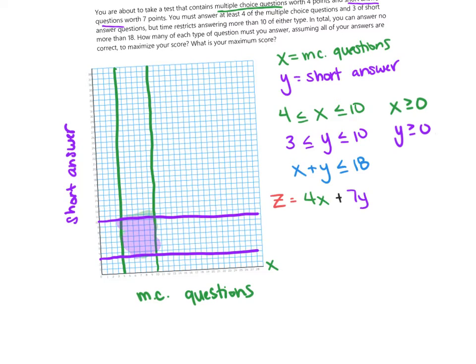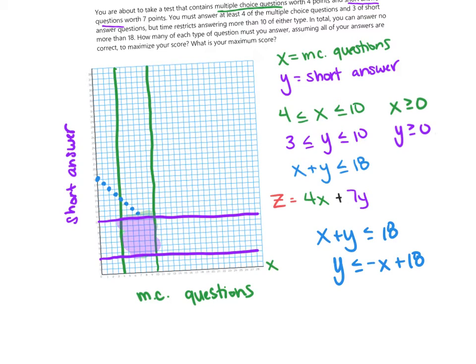Now we need the line x plus y less than or equal to 18. We need to get it into slope intercept form so we can graph it. So move the x over: y is less than or equal to negative x plus 18. Here I'm going to plot the y-intercept of 18 and then go down 1 over 1.